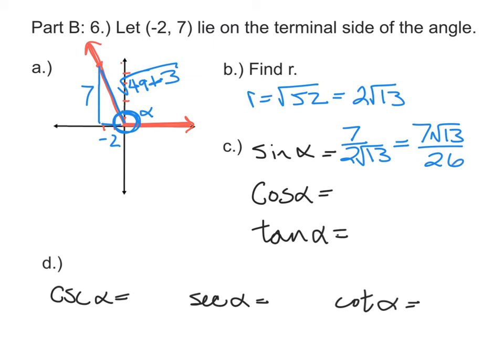Cosine will be the adjacent over the hypotenuse, -2 over 2 root 13. The 2's will cancel, and we'll have negative square root of 13 over 13. And then finally, tangent will be 7 opposite over adjacent, -2.